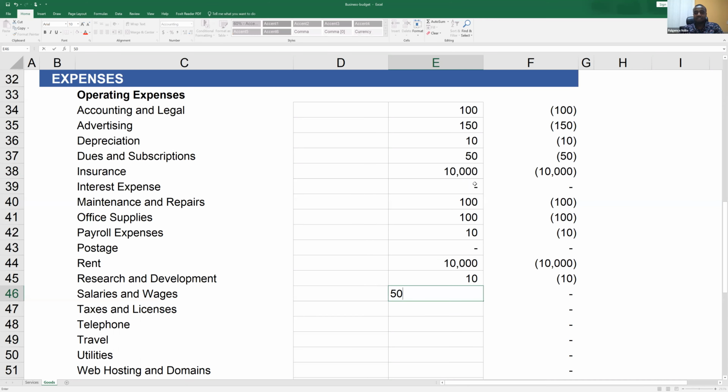Salaries and wages, 10,000. Taxes and licenses, 5,000. Telephone, you can say 10. Travel, we'll need to travel when looking for these utilities, 100. Web hosting, 100.